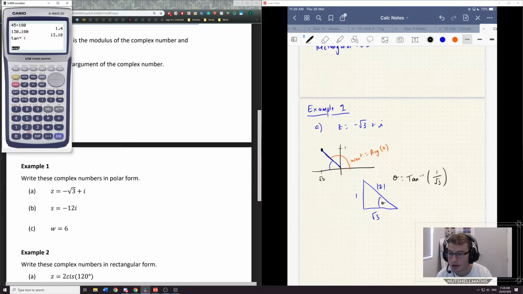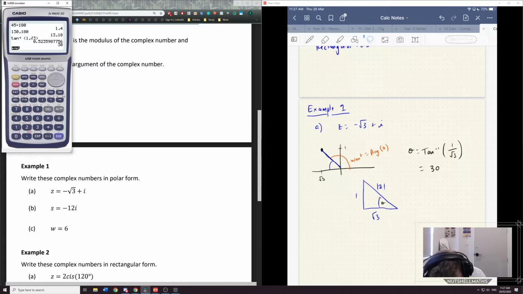Shift tan of 1 over square root of 3. I want to do it in degrees because I don't want you to get confused. There we go, 30, which means that the angle we've calculated is 30, but the angle we want is 180 minus that.